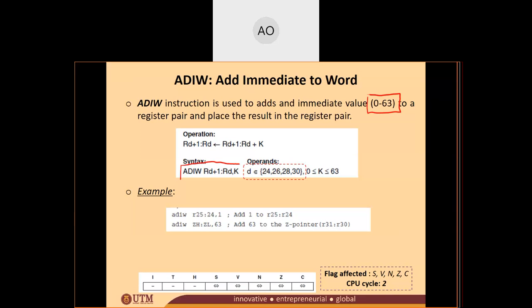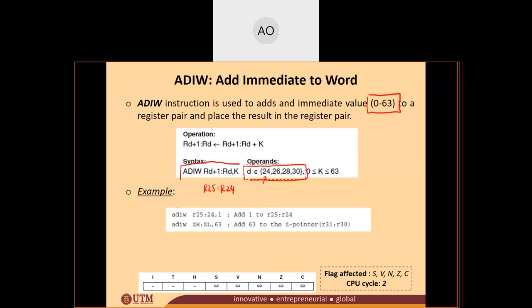ADIW Rd+1:Rd, K. If you look at this one here, your D can use R24, R26, R28, and R30 only. Why? Because if you use R24, the register pair here is R25, R24 lah.